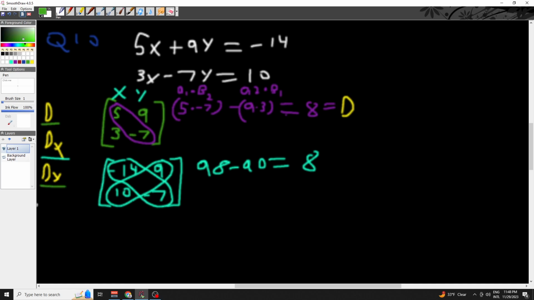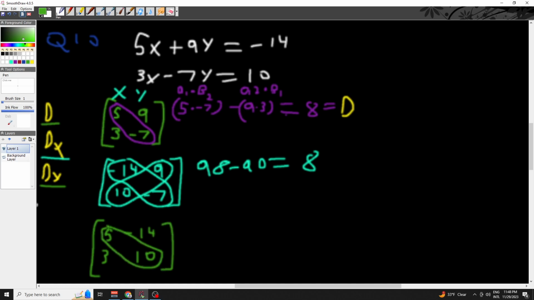Now for Dy, we cannot have any y values present in this 2 by 2. So we add back our x values, and then we banish the y values. So we have -14 here, 10 here.